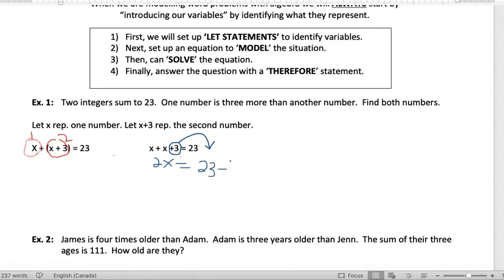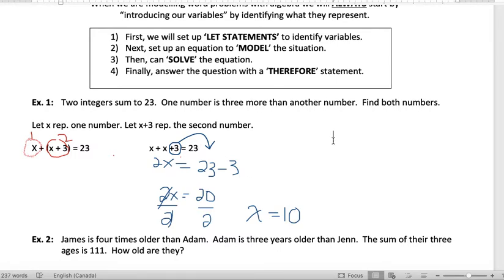So it's addition there, we're going to make it subtraction. So solving, collecting like terms on the left side, 23 minus 3 is 20. Isolating the variable here, these cancel out because you always want it just as x. I'm going to write it over here. x equals 10. So now we have to write our therefore statement.